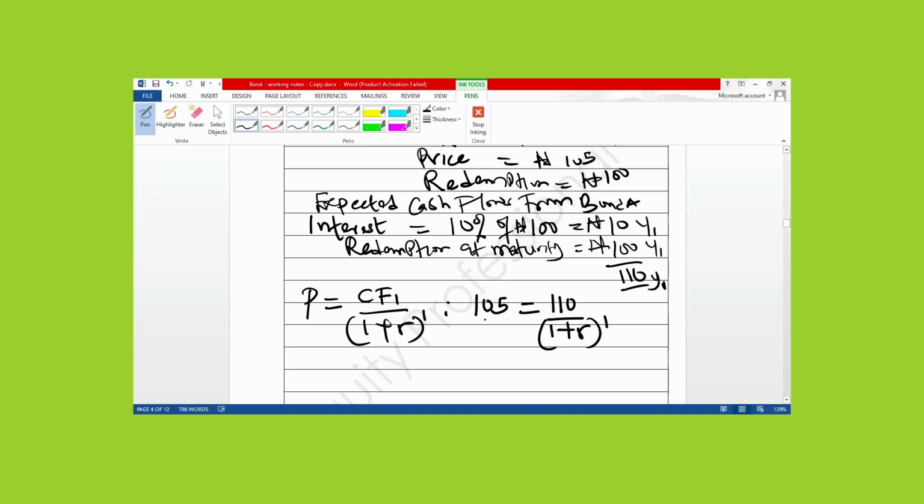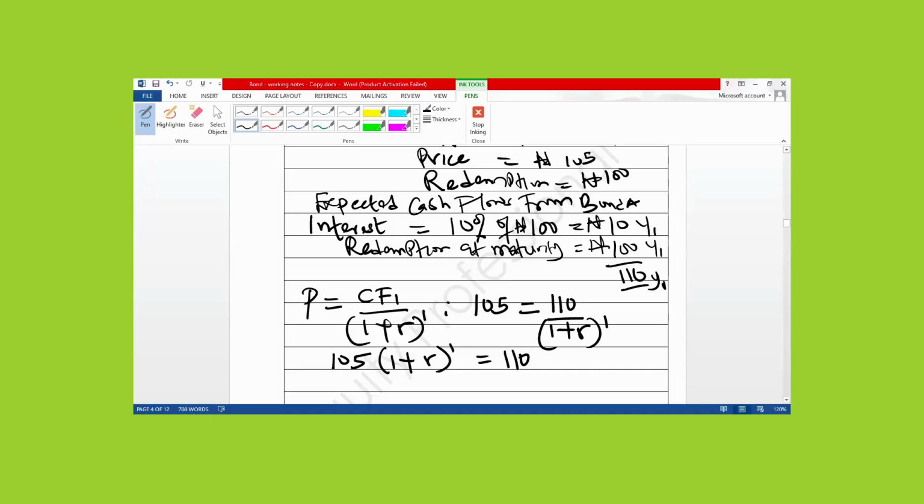I will cross multiply. 105 multiplied by 1 plus R raised to power 1 is equal to 110. What do we do now?